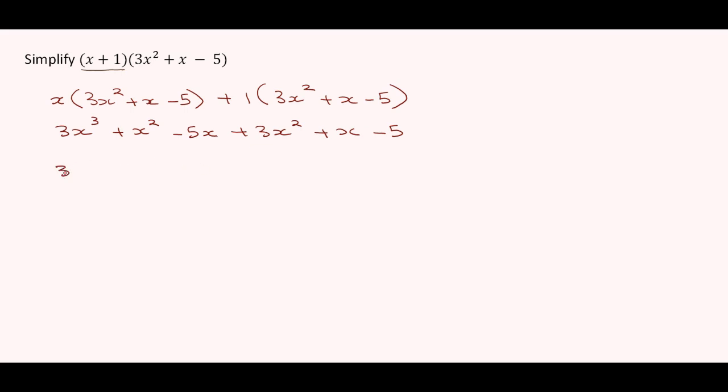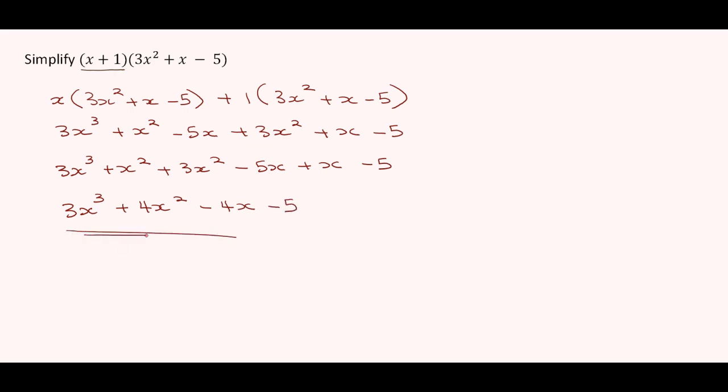So we have 3x cubed plus x squared plus 3x squared minus 5x plus x minus 5. So now we can simplify. We have 3x cubed plus 4x squared minus 4x minus 5.